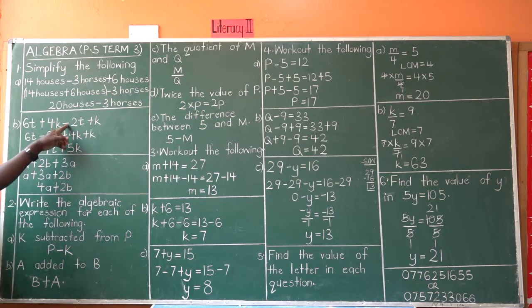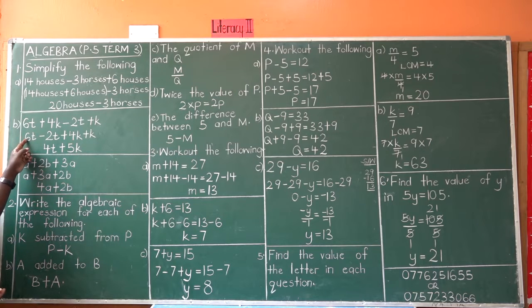This sign remains a minus, this sign remains a plus, this one remains a plus. So 6t minus 2t right here, then plus 4k plus k. Maintain their positivity and negativity.